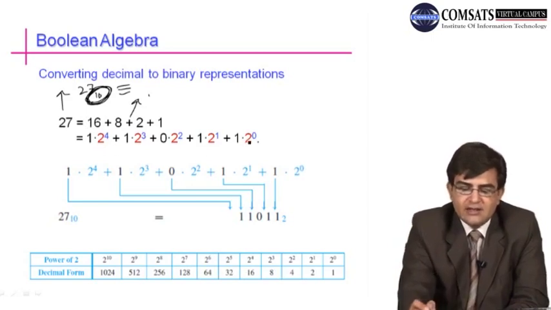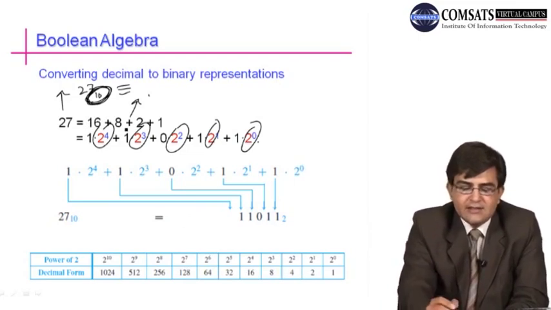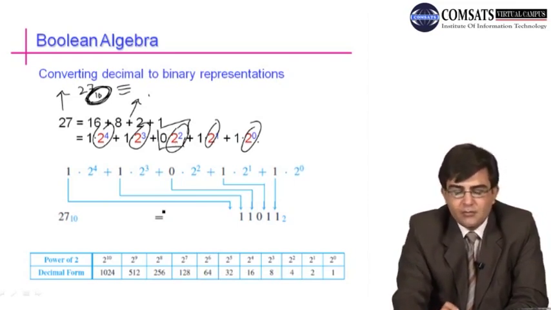Here we have increasing powers of 2: 2 power 0, 2 power 1, 2 power 2, 2 power 3, and 2 power 4. In this expression we didn't have the 2 power 2, so we write 2 power 2 into 0.